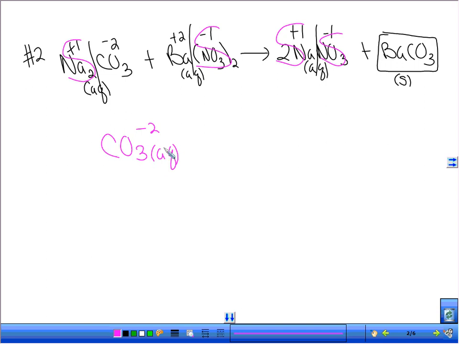So carbonate is aqueous, dissolved in water. It does have a charge. Barium does have a charge, is also aqueous. And then barium carbonate is our solid. And this is called the net ionic. Notice the thing with the box does not have a charge on it. This is the net ionic.